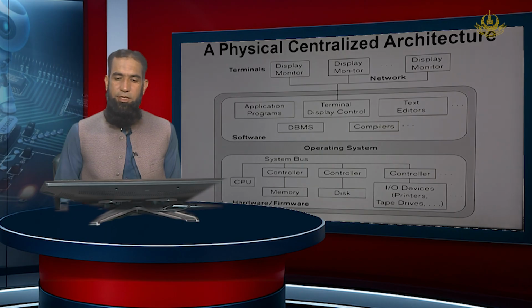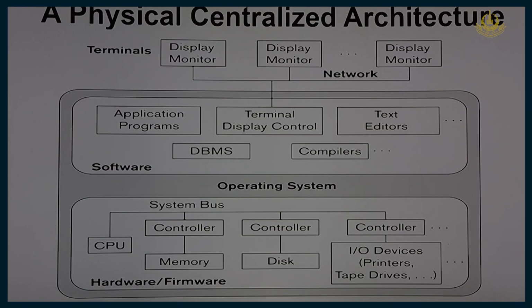A physical centralized architecture. There may be multiple terminals. The terminal display control is basically a location where the user can see all the activities. Application programs are installed on this machine. Text editors are the software with the help of which we write different queries.